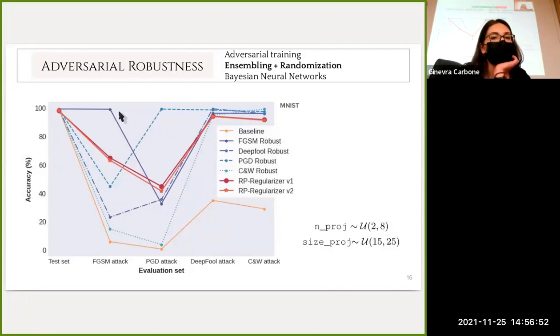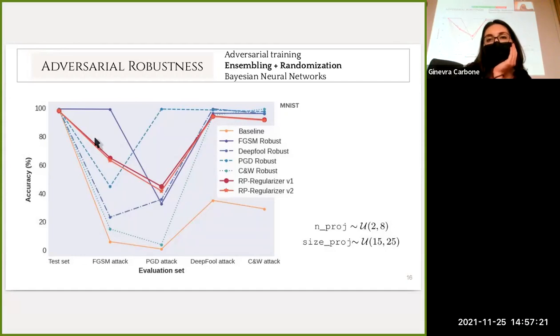And this is the case, in fact, as you can see here. But in general, this property does not transfer to all the possible attacks. If we attack this network with PGD, you see that the accuracy drops. Instead, our method of regularization is achieving pretty good performances in multiple settings without knowing anything about the attacks, so only using randomization.